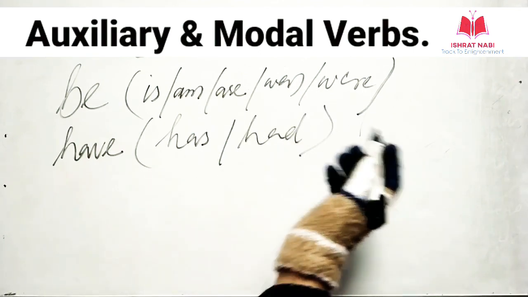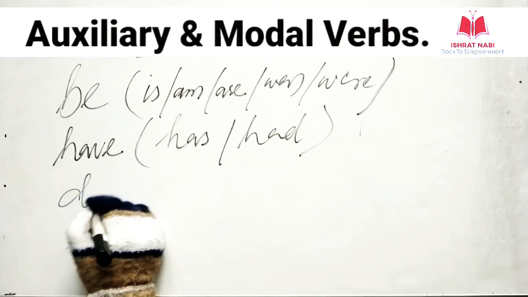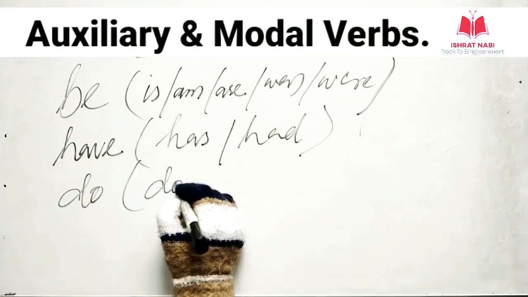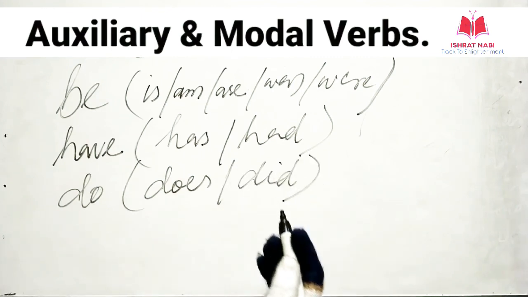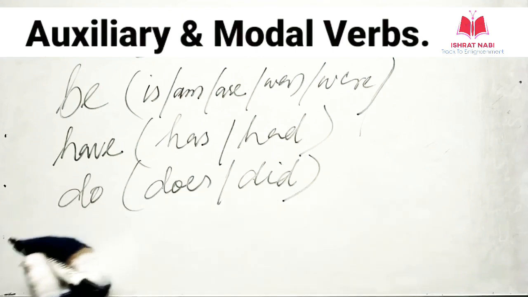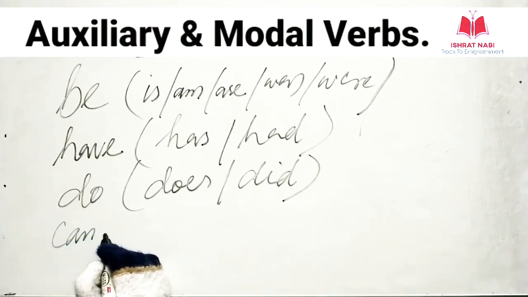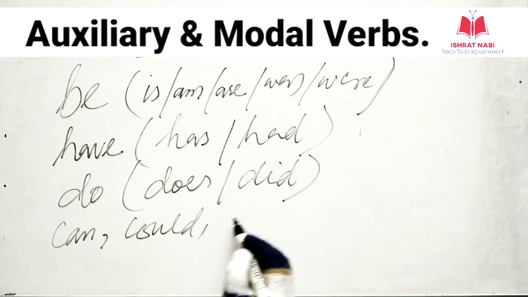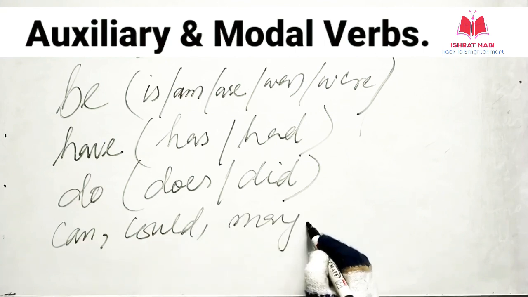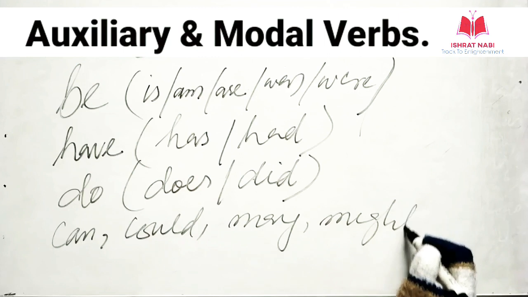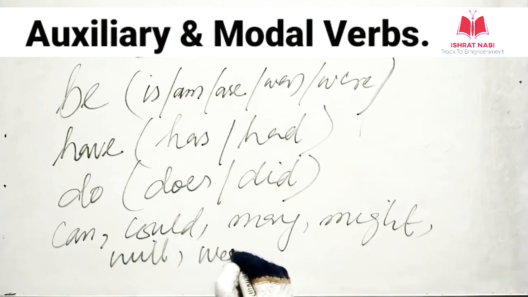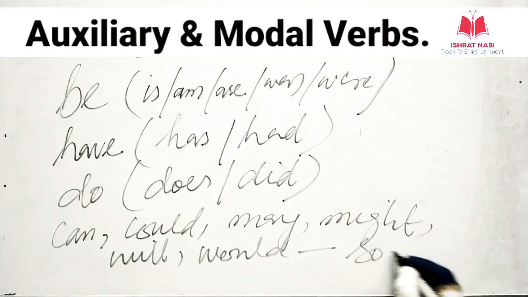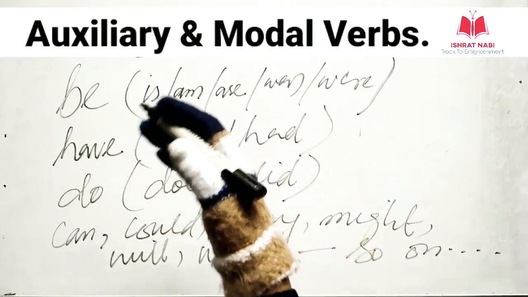The third is do, with its forms does and did. And the rest of the auxiliary verbs are can, could, may, might, will, would, and so on.